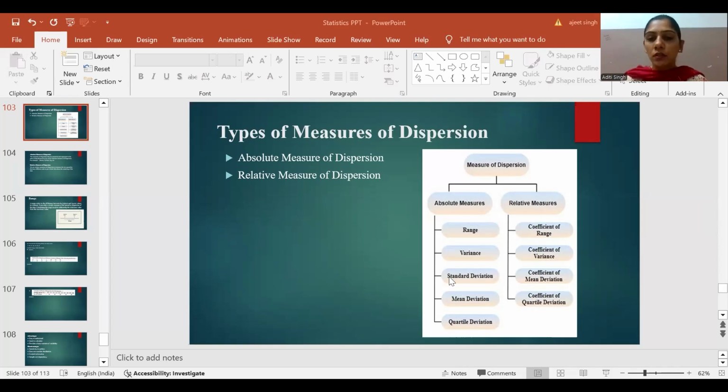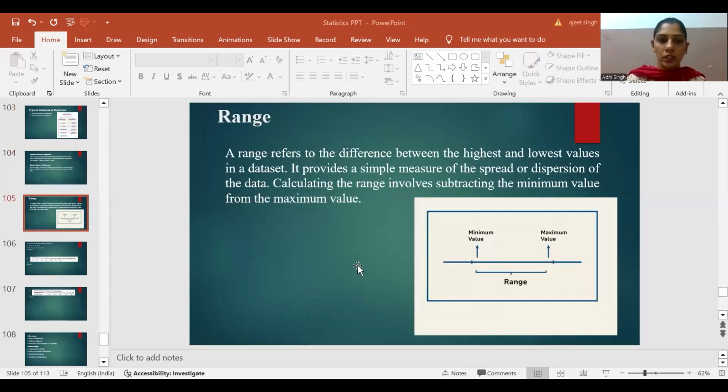Standard deviation, mean deviation, and quartile deviation are the important ones, and we will discuss the coefficients of these, the relative measures: coefficient of range, coefficient of variance, coefficient of mean deviation, and coefficient of quartile deviation. So let's first start with range.